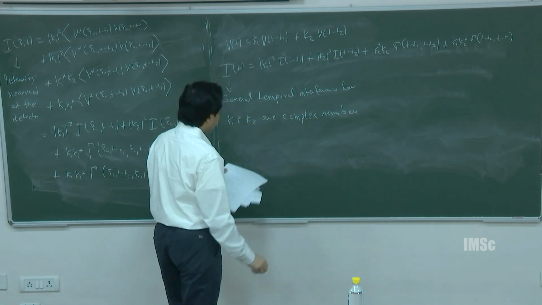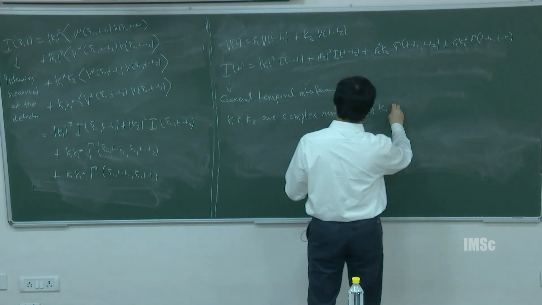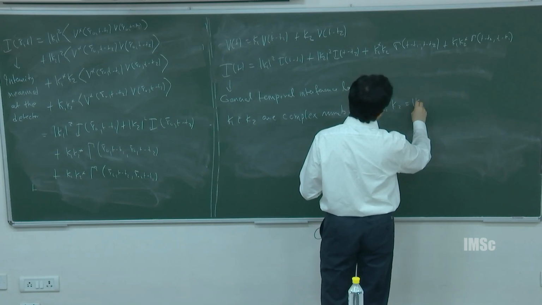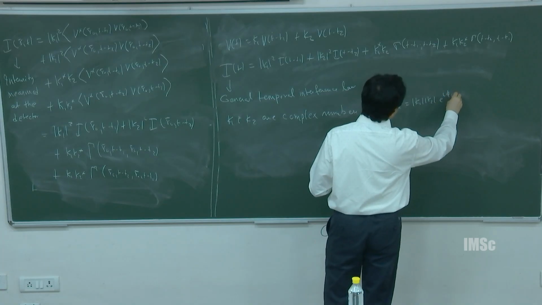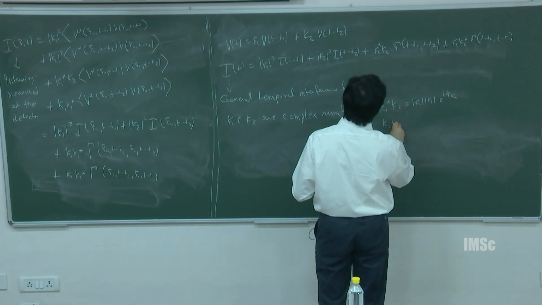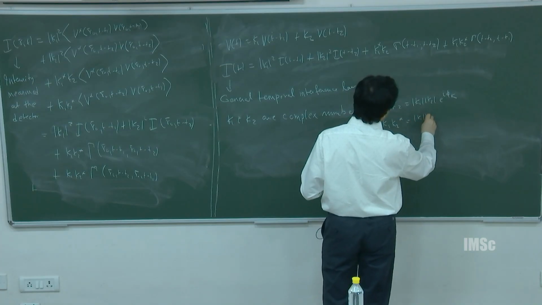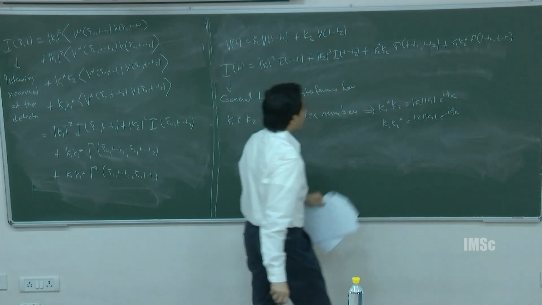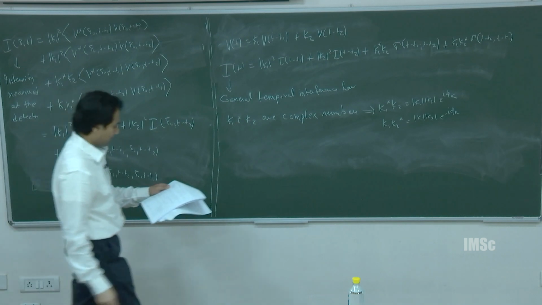Now recall that K1 and K2 are complex numbers in general. Which means K1 star K2 can be written in terms of their magnitude and phase, right?